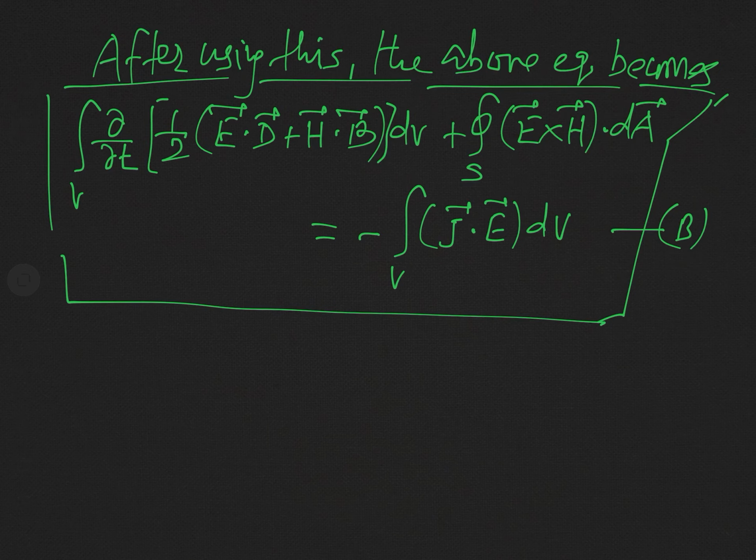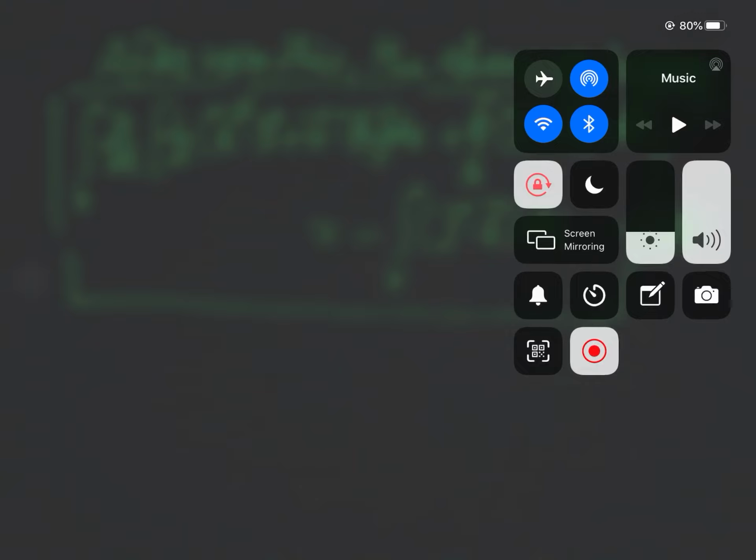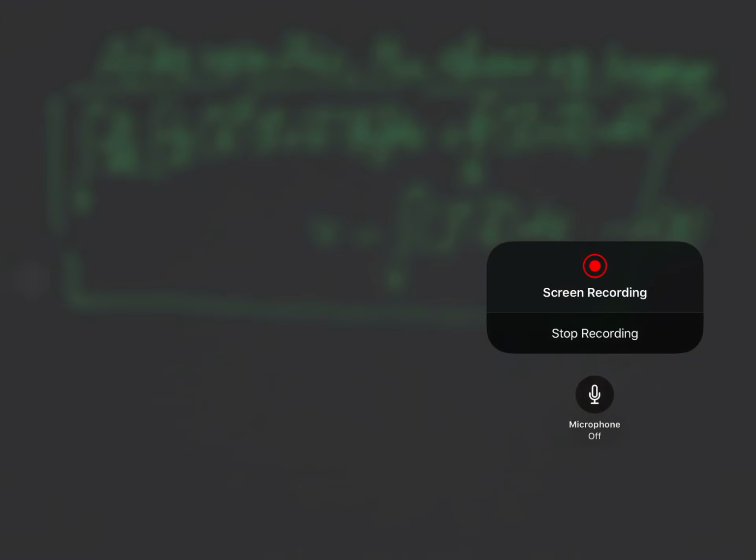But for your convenience, I am just stopping the lecture on the Poynting theorem at this moment, and in the second part of this lecture, we will interpret the different terms occurring in equation A and equation B, and then we will see how this mathematical form explains the energy conservation in electromagnetic field.